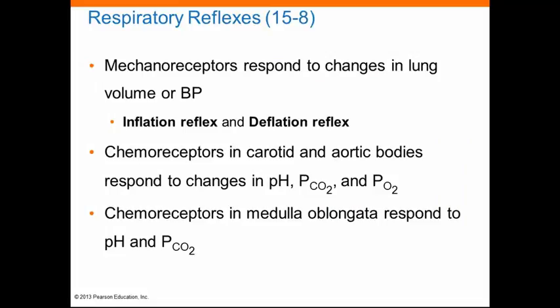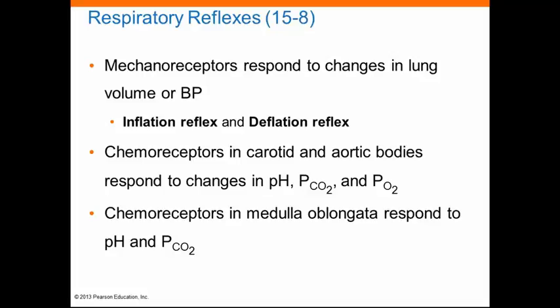Respiratory activities are strongly influenced by reflexes that are triggered by sensory information from mechanoreceptors or chemical stimuli. Mechanoreceptors respond to changes in lung volume or changes in arterial blood pressure. For example, in forced breathing, the inflation reflex prevents overinflation of the lungs.